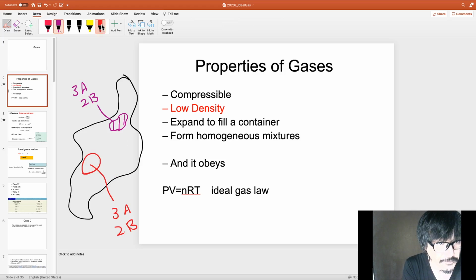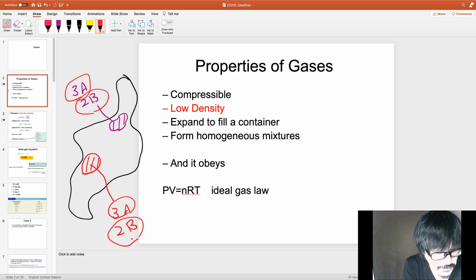The volume here and the volume there is exactly the same, so I will find the same number of molecules in the same ratios. That's what I mean by homogeneous.